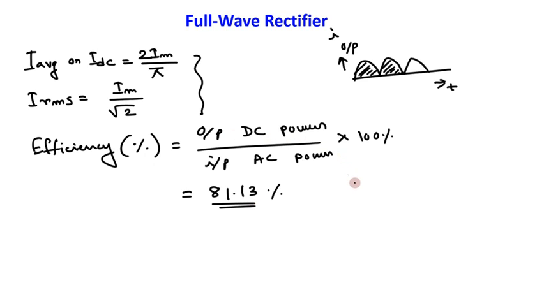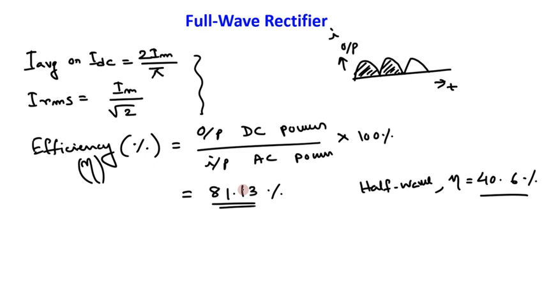For the half wave rectifier, this efficiency, which is also denoted by the symbol eta, was 40.6%. So you can see for the full wave rectifier this is almost 2 times.